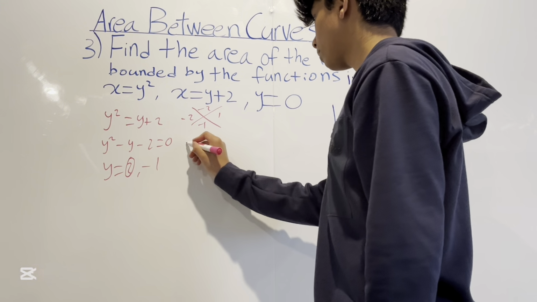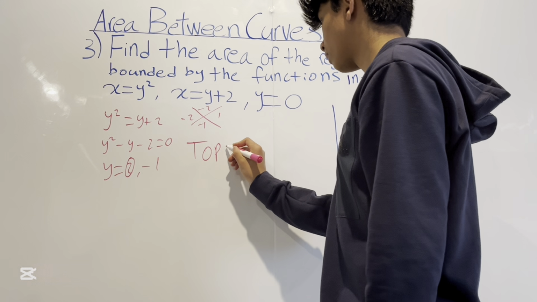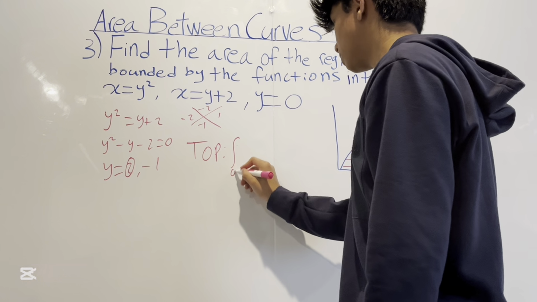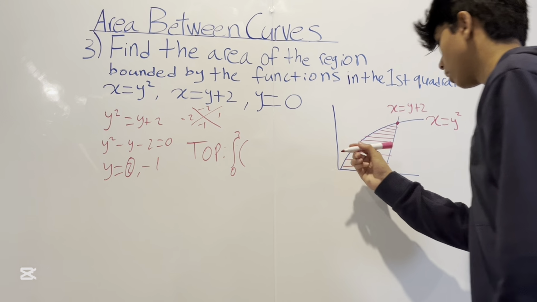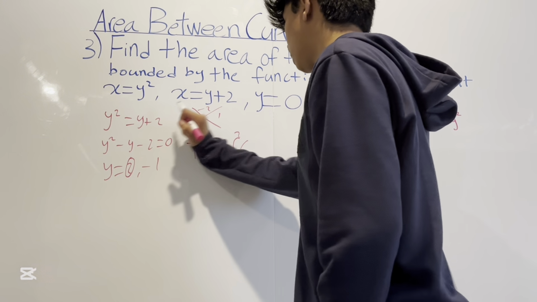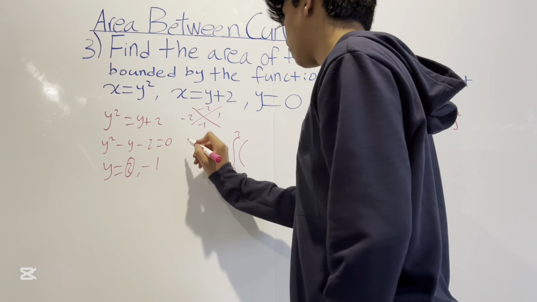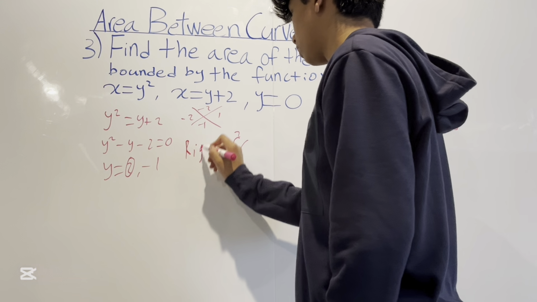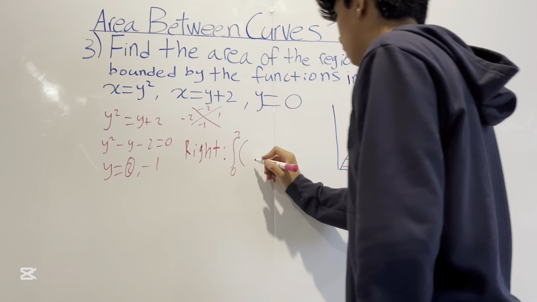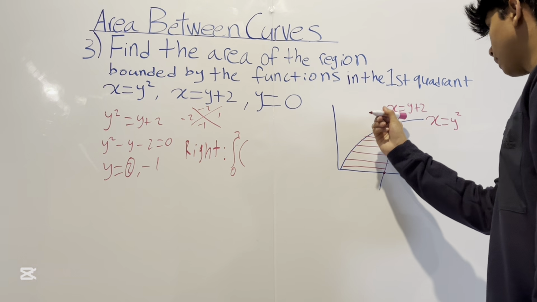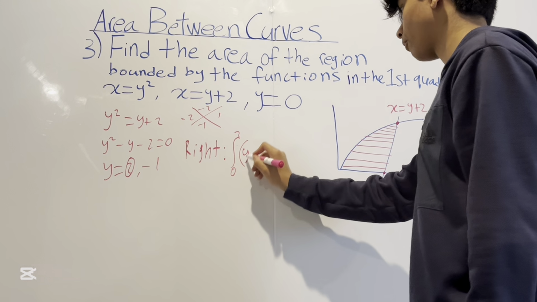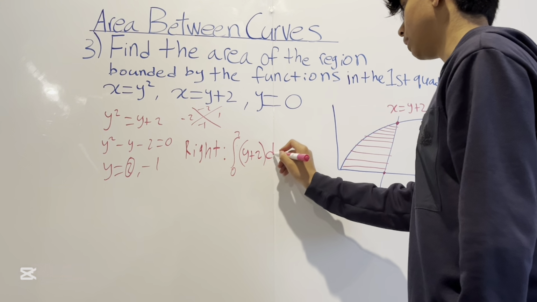So the top function is from 0 to 2, or not top actually, this should be right. Right, from 0 to 2 is y plus 2 dy.